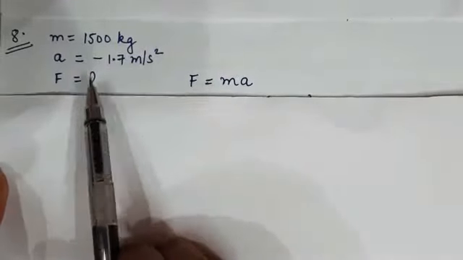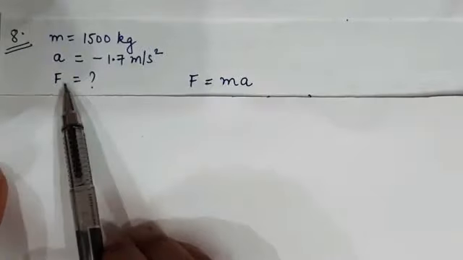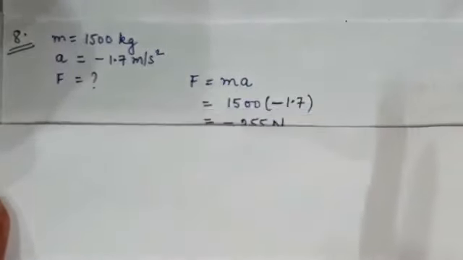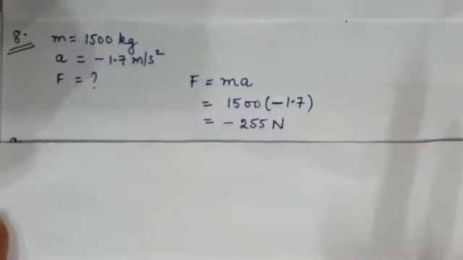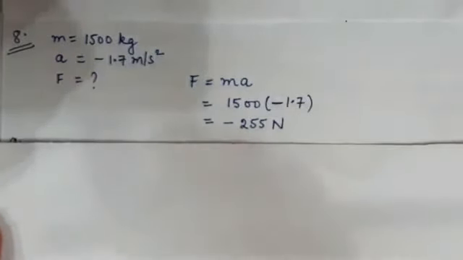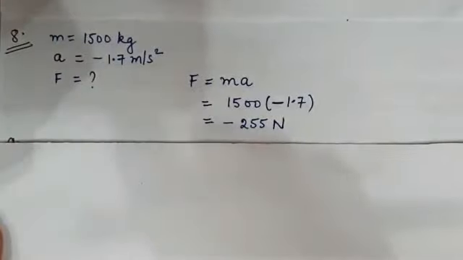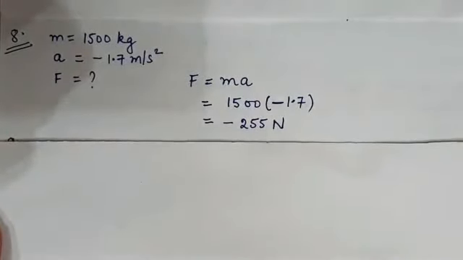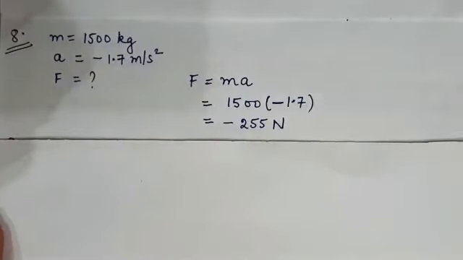You have to calculate the force. Now what is the formula for force? Force is ma. So just substitute the values. 1500 into minus 1.7, that will be minus 255 Newton. Simple.